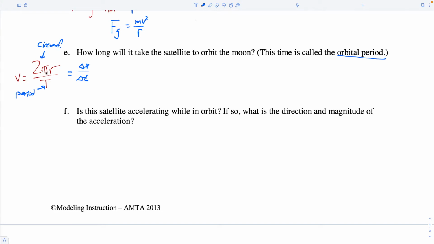So it's basically saying here is how long the path length of that circle is, and T is the time it takes to travel that path length, which is the same thing as change in position divided by change in time. So you can use this equation to find the orbital period. Just rearrange that equation to solve for the period. You know the radius, you know the velocity, you just gotta do that, all right?